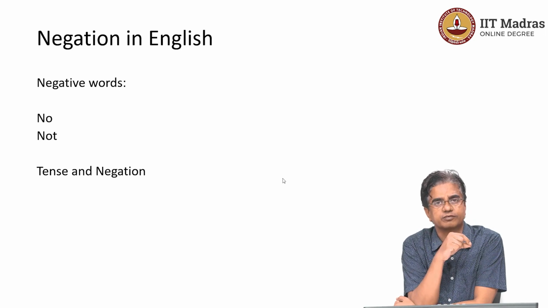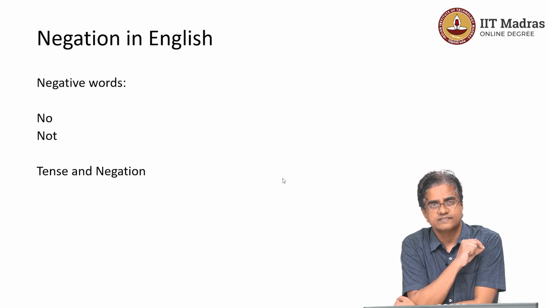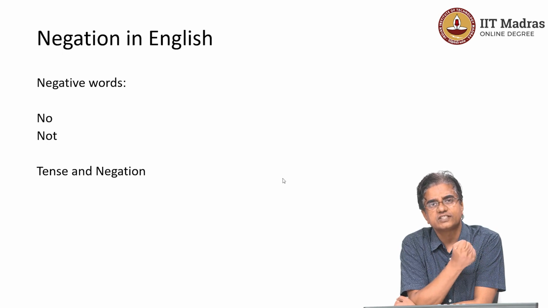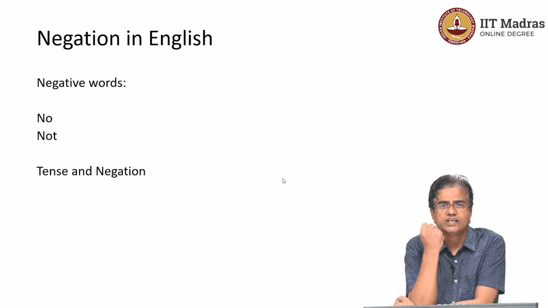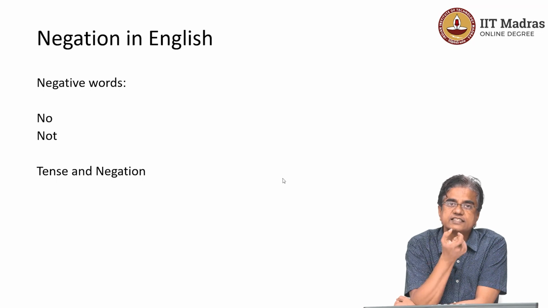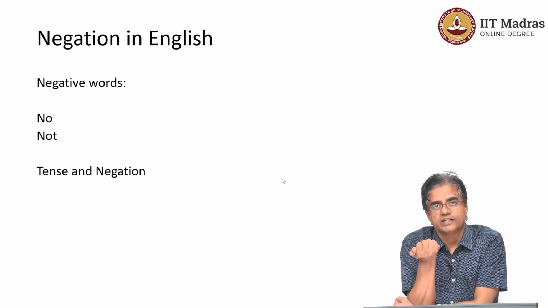So, let's refresh it. When a negative element appears in a sentence, it makes the sentence negative. So, let us go back and remind ourselves. The sentence has two parts, namely subject and predicate.